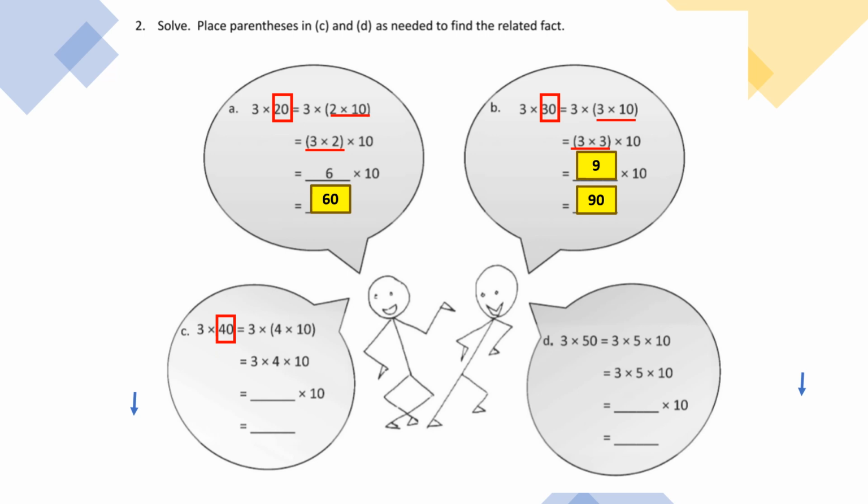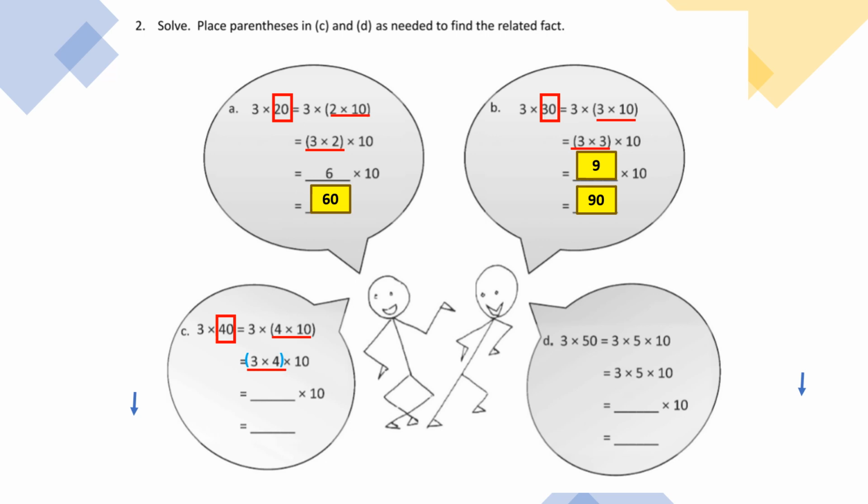And they broke apart the 40 for us. So now, instead of 3 times 40, we have 3 times 4 times 10. See that? Now, the parentheses is around the 4 times 10, but we want to move it over, right, to make it friendlier to work with. So we're going to place the parentheses around 3 times 4.